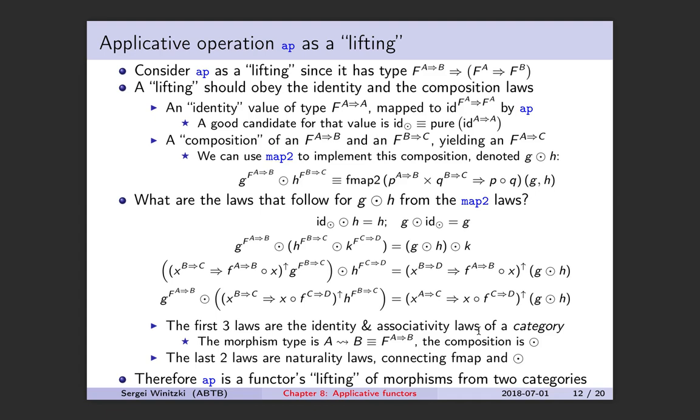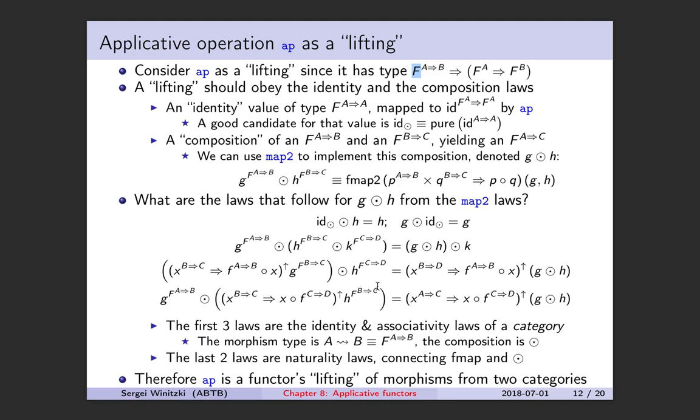So you need to have just these laws, associativity of composition and identity laws. The last two laws are naturality laws. They're connecting this twisted category composition with the ordinary Fmap, which is the ordinary lifting that the F must already have, because F must already be a functor.